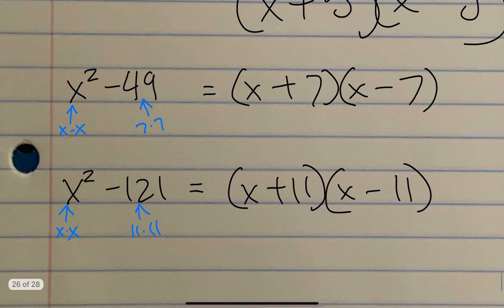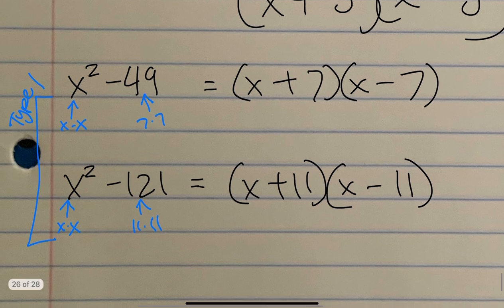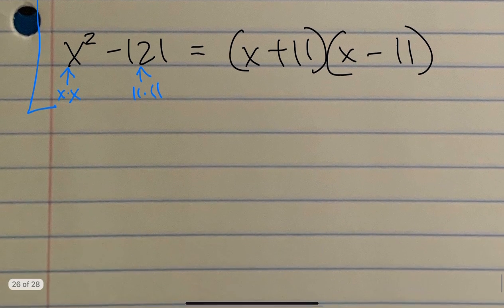Okay, so these are going to be our first type of this problem, so I'm just going to say this is type 1, and then we're going to add on to that. So let's do a type 2 problem. Type 2 problems would look something like this, where we would have an extra number on the outside here.